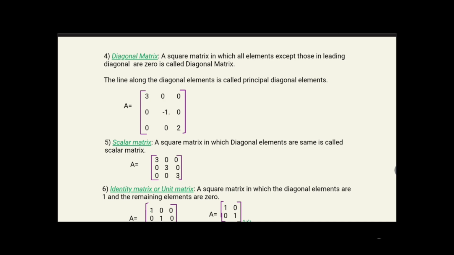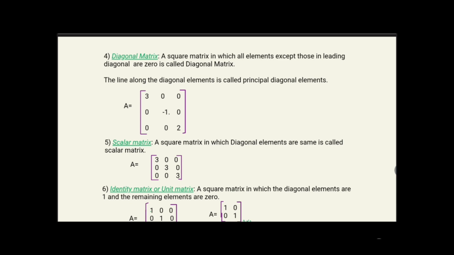In this example, these are called diagonal elements, and the line along these diagonal elements we call the principal diagonal. The remaining elements are all 0. That is called a diagonal matrix. The diagonal elements here are 3, minus 1 and 2, and these diagonal elements should not be equal to 0. Otherwise, it is not a diagonal matrix.